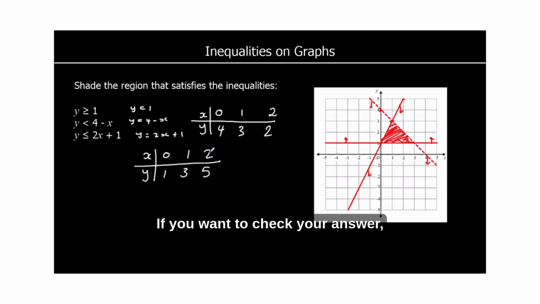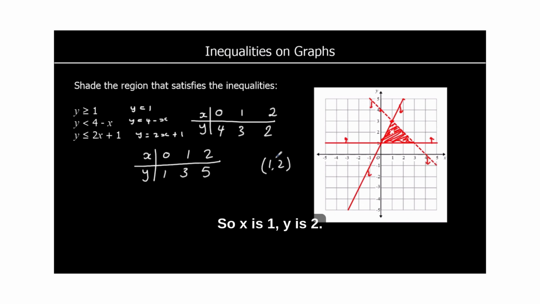If you want to check your answer, you can pick a point. So if we pick this point in the middle of the region, which is 1, 2. So x is 1, y is 2. We can check that this works for all of these inequalities. So the first one, 2 is bigger or equal to 1. That is true.